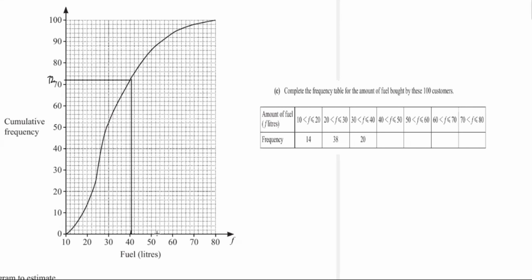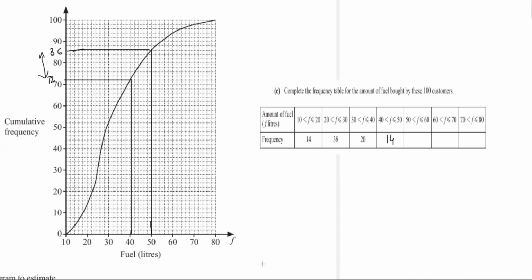Next is 50 liters, and this value is equal to 86. Now the difference, 86 minus 72, is the number of customers who bought more than 40 liters and less than 50 liters. 86 minus 72 is equal to 14.